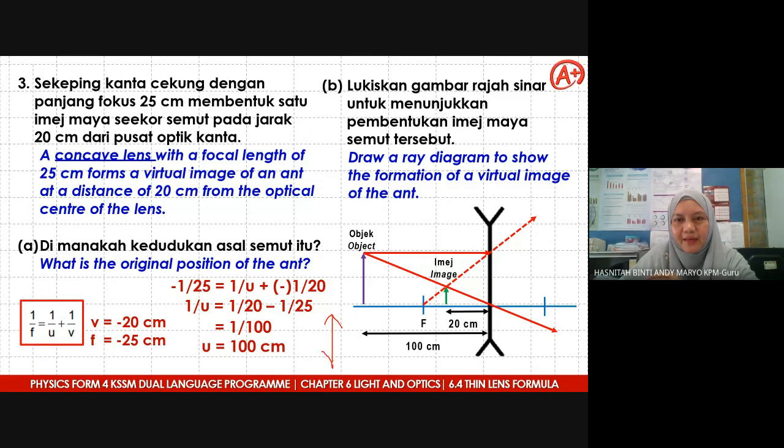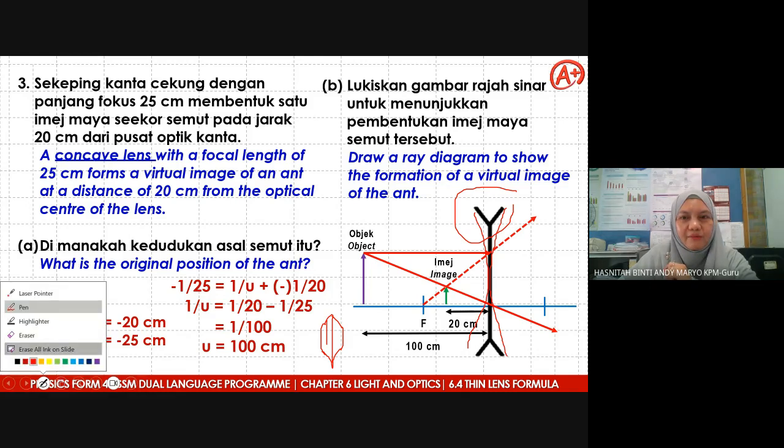This is the symbol for concave lens. Actually if you continue this line, it will form a convex lens. Here if you join these two ends, it forms a concave lens. So that is the symbol for both concave and convex lenses.